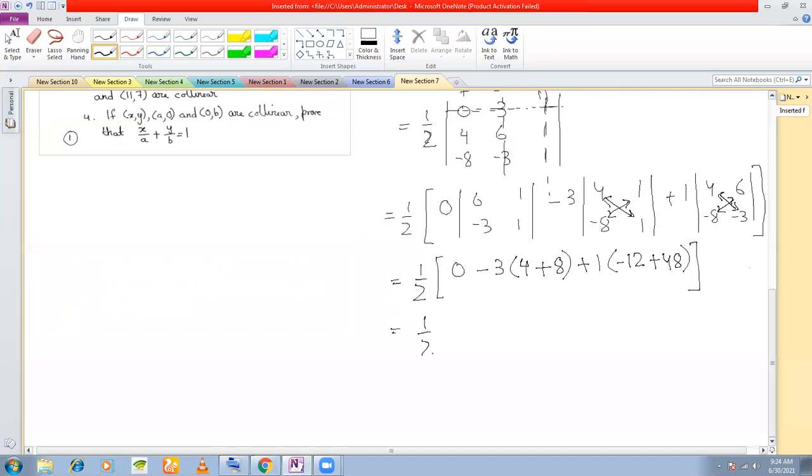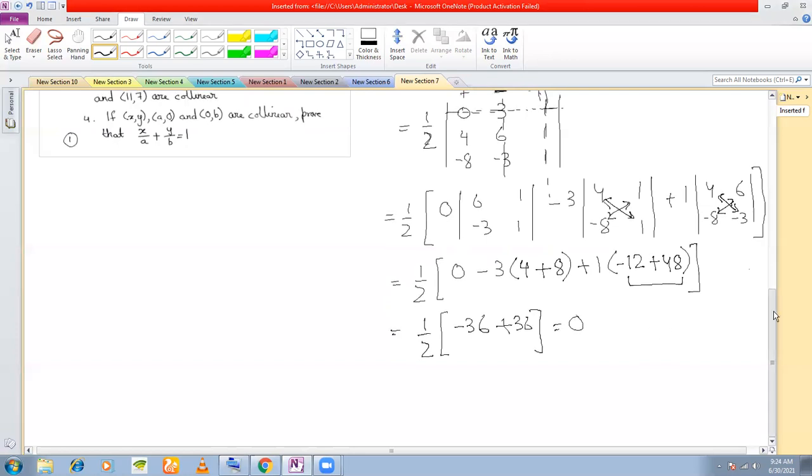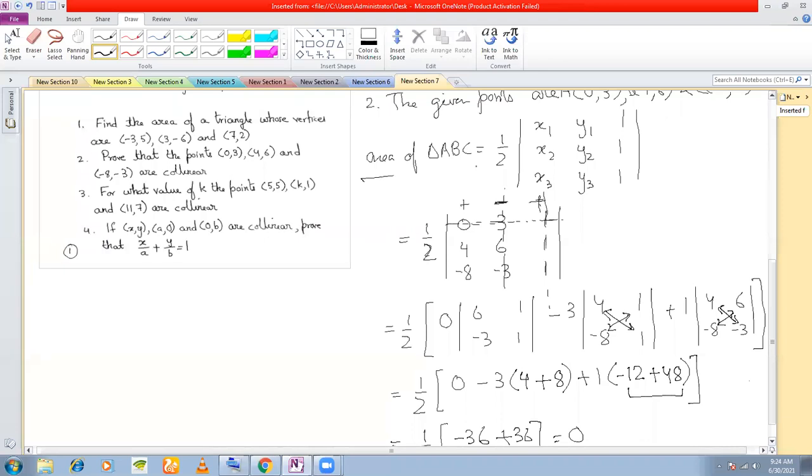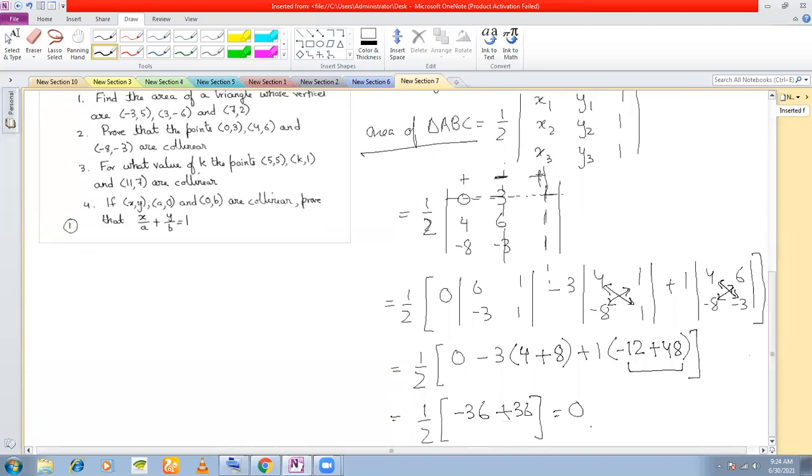So this you get as half, -36, and this is again +36, which is equal to 0, right? So we are getting the value of this determinant as 0. So since the area of this triangle is 0, we have found out the area of this triangle to be 0.